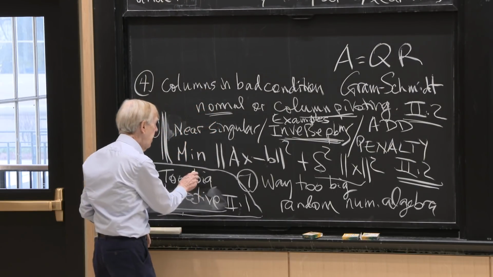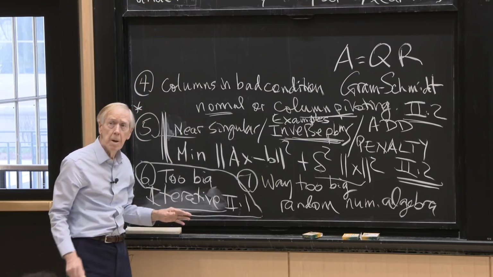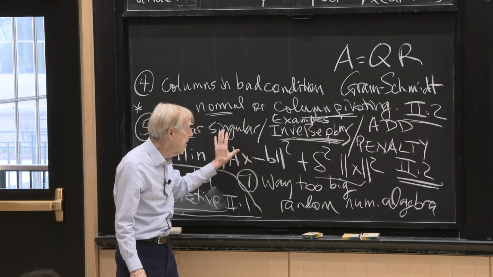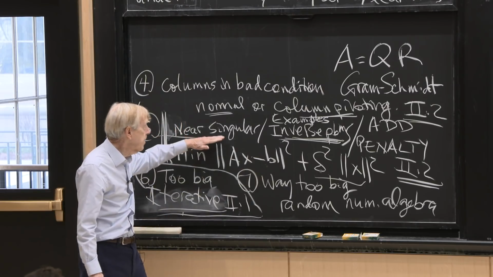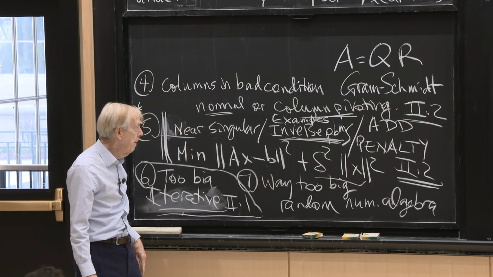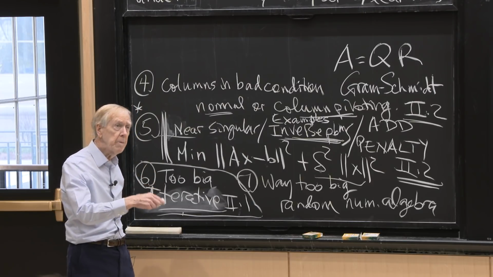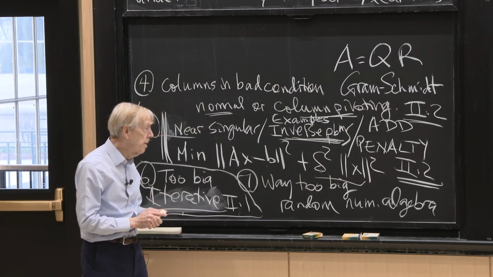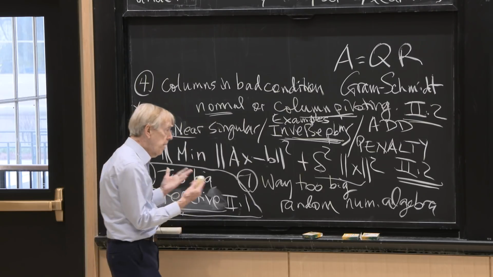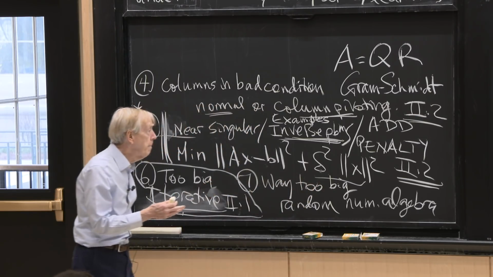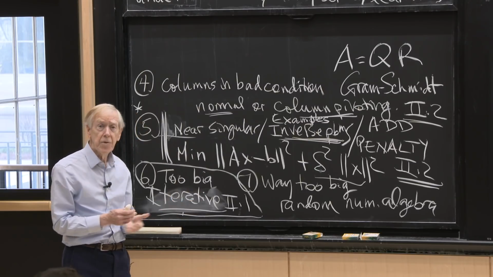Okay, can I focus now, probably for the rest of today, on the case when the matrix is nearly singular. So you could apply elimination, but it would give a poor result. One solution is the SVD.